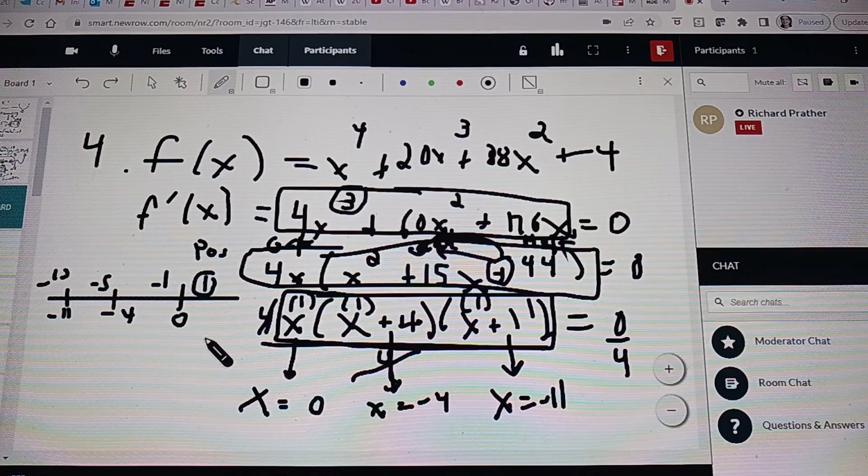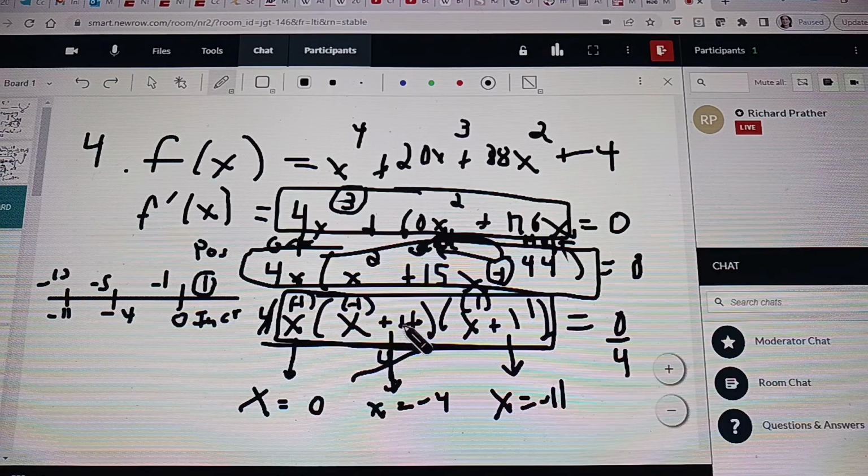So that's a spot where the original function is increasing because the derivative is positive anywhere past 0. All positive numbers are going to cause the derivative to be positive when you plug any positive number into the derivative function. But if I plug -1 in, this -1 here would be negative.